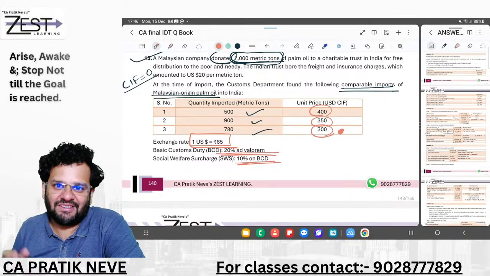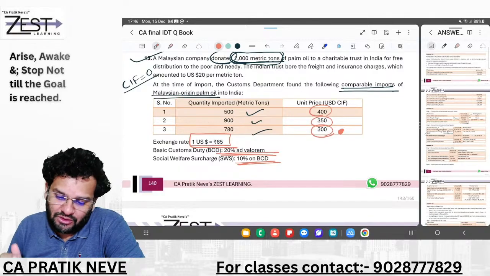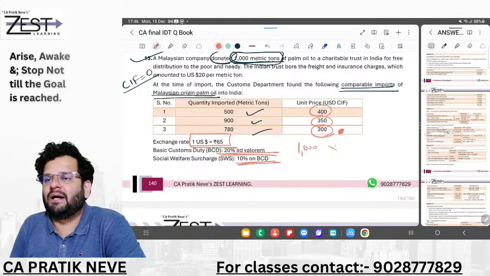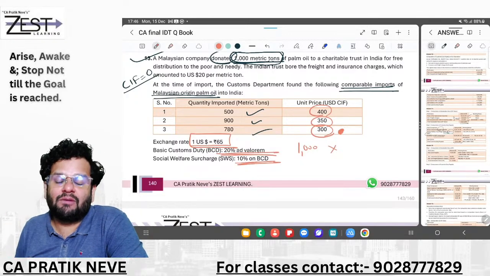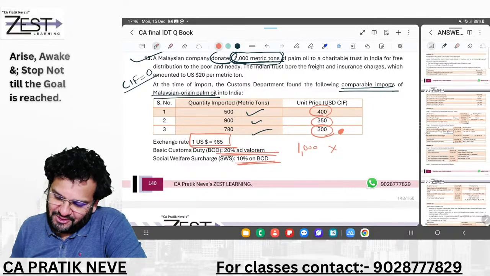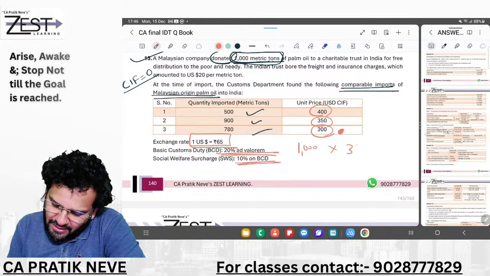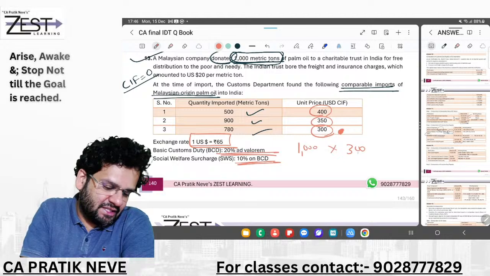So friends, here CIF value is absent. Actually 1000 metric tons you have imported free of cost, but you will have to pay customs duty in India. Now that will be paid on what value? So take on your calculator 1000 multiplied by 300 US dollars. That will directly be taken as your CIF.